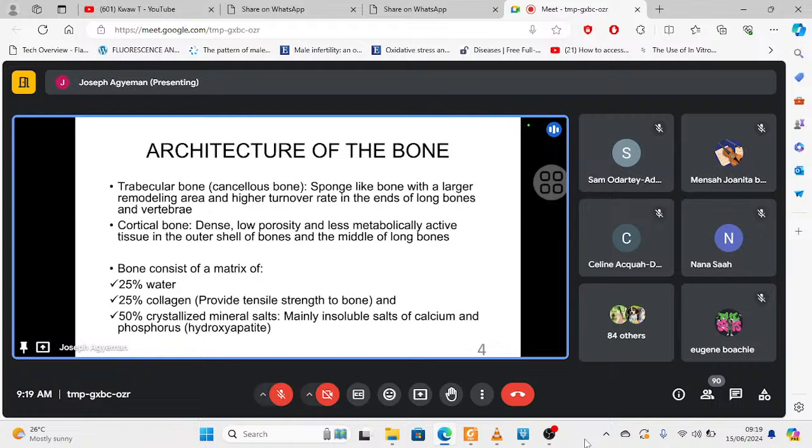It doesn't make the bone break easily, like an elastic function. Then the hardness is produced by the crystals, mainly calcium and phosphorus. That is 50% of the bone. And therefore, anything that leads to a reduction in calcium or phosphorus or collagen production could create a problem within the bone.